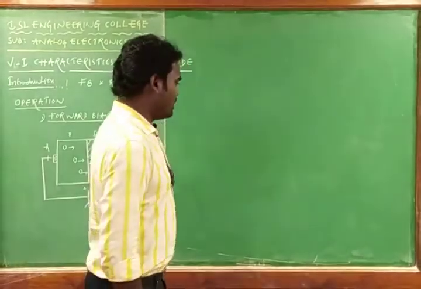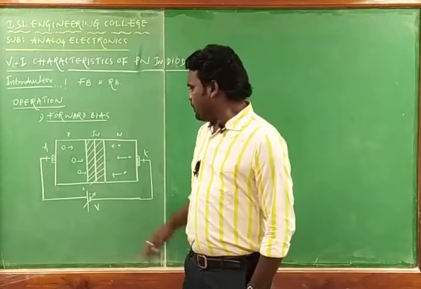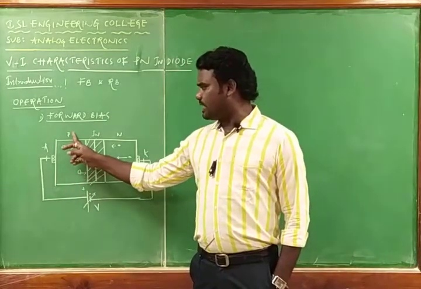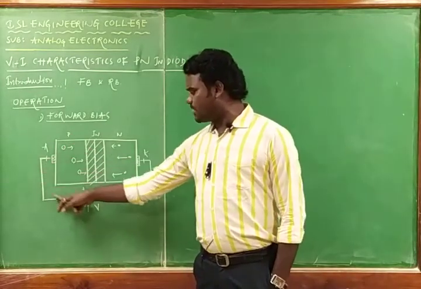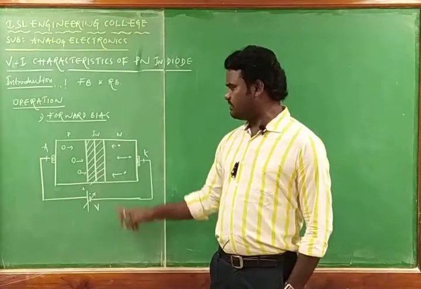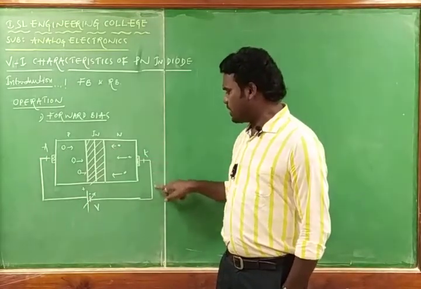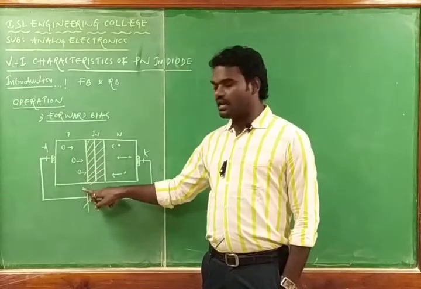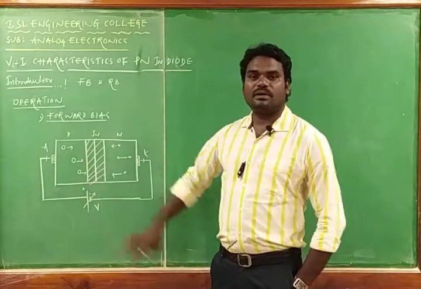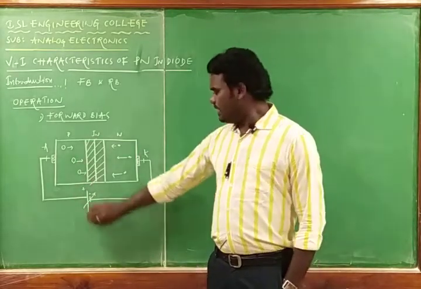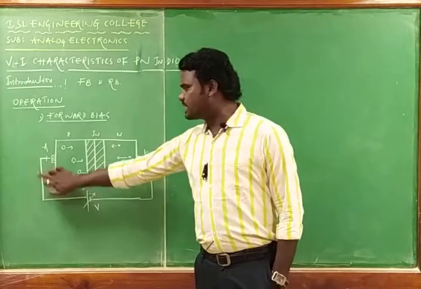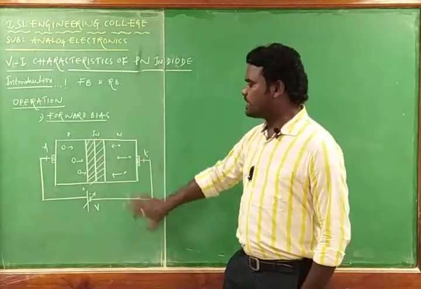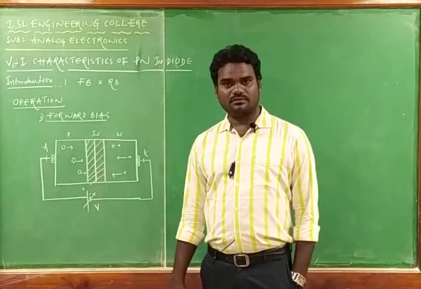Forward bias means when the P-type semiconductor or anode of a PN junction diode is connected to the positive, and the cathode is connected to the negative terminal of the battery, then this biasing is named as forward bias. It is an external DC voltage which is connected to the PN junction diode, so it is named as biasing.